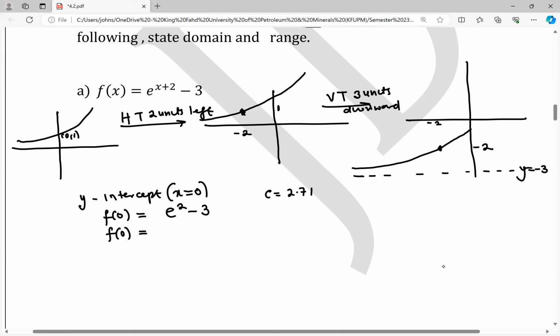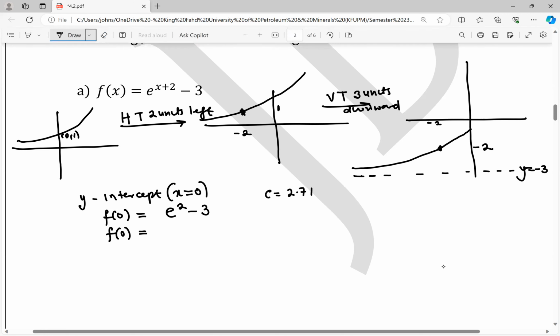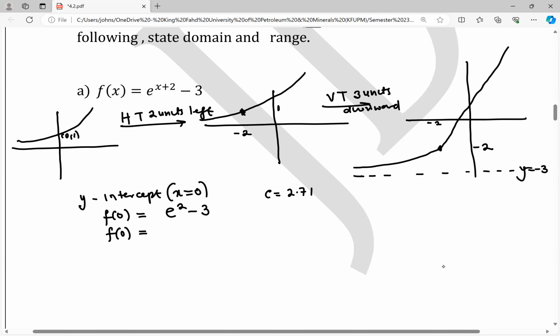So it means we have to cut the positive y-axis. So this point is going to be our y-intercept, meaning that when x is 0, this point is going to be e squared minus 3.